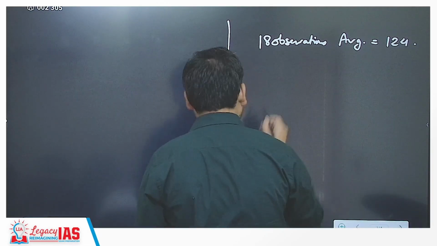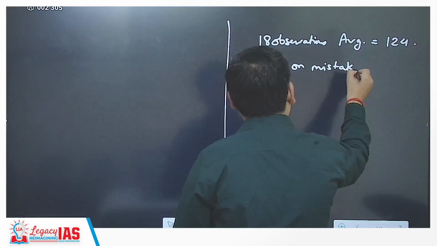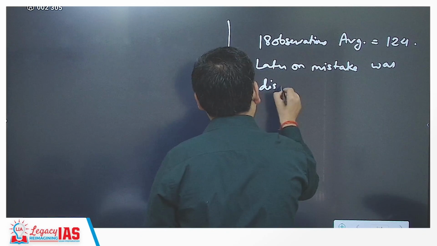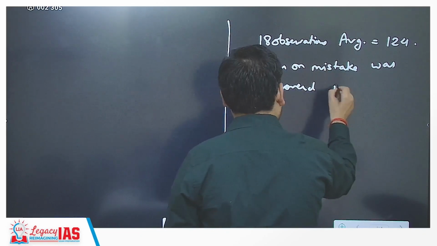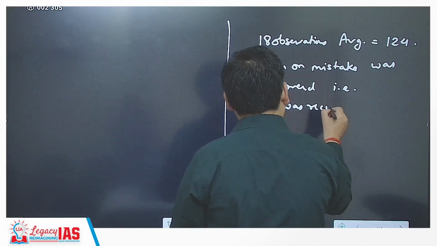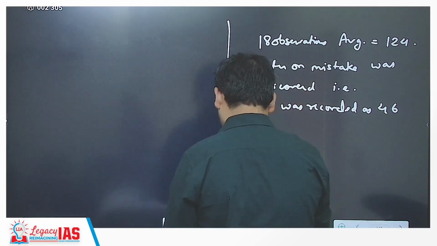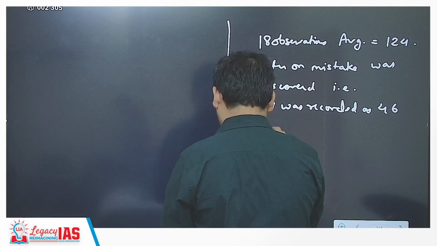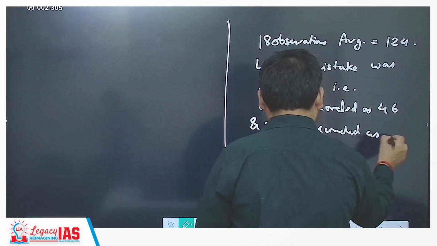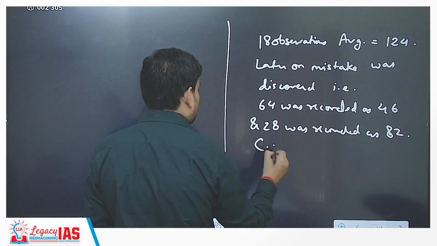Now later on a mistake was discovered, that is 64 was recorded as 46 and 28 was recorded as 82. Okay, now again you have to find the corrected average.